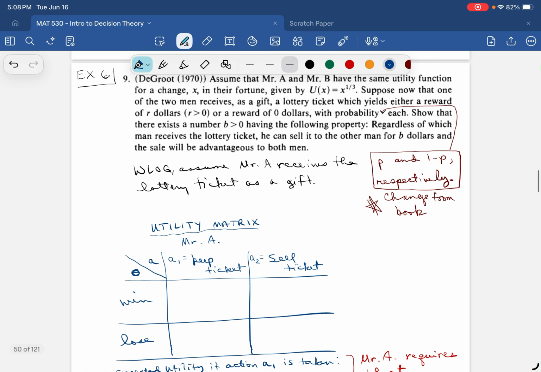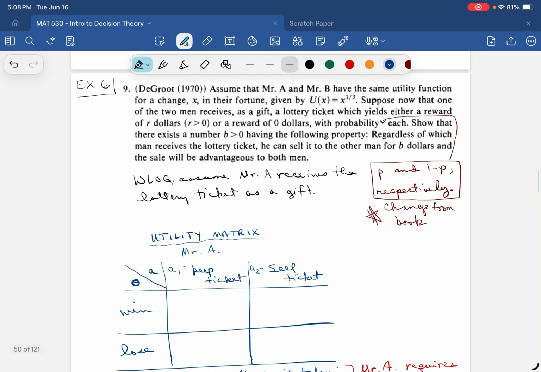And so Mr. A has two choices. He could keep the ticket and play it, or sell the ticket to Mr. B. So we need to think about the utility for each situation here. Let's first look at the utility of the action for Mr. A if he keeps the ticket.